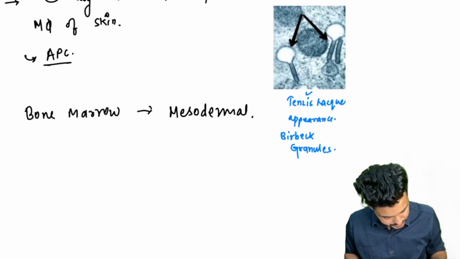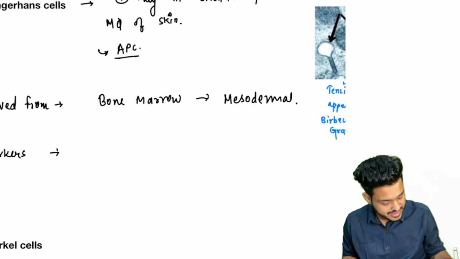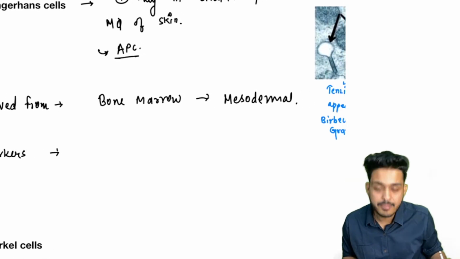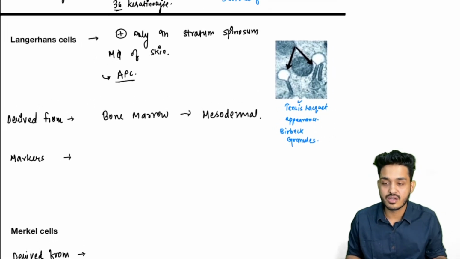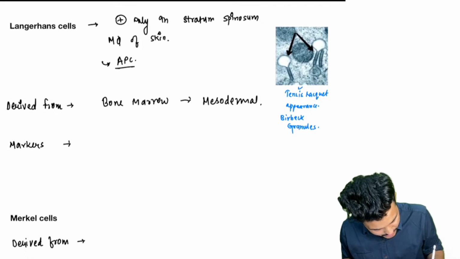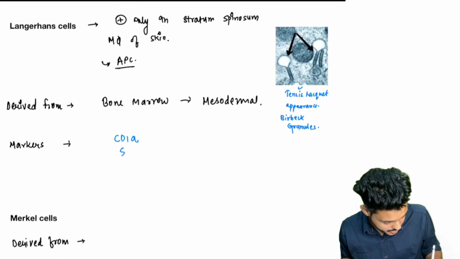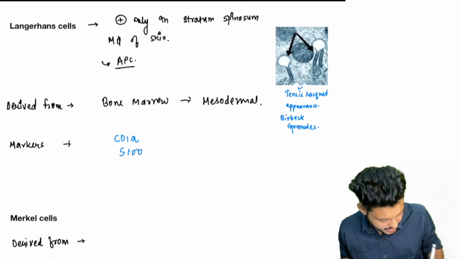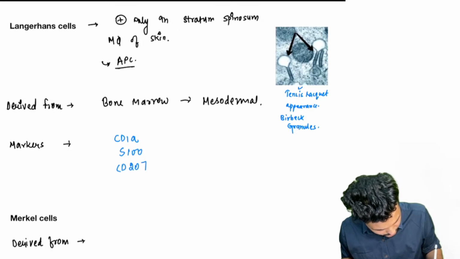Okay, next thing, what are the hallmarks? This is the hallmark. What are the markers that we can use here? These are your CD1A, second one is your S100, and most important is your CD207.